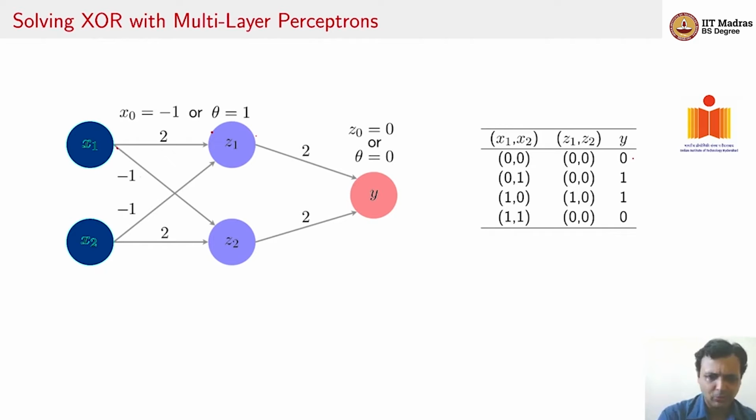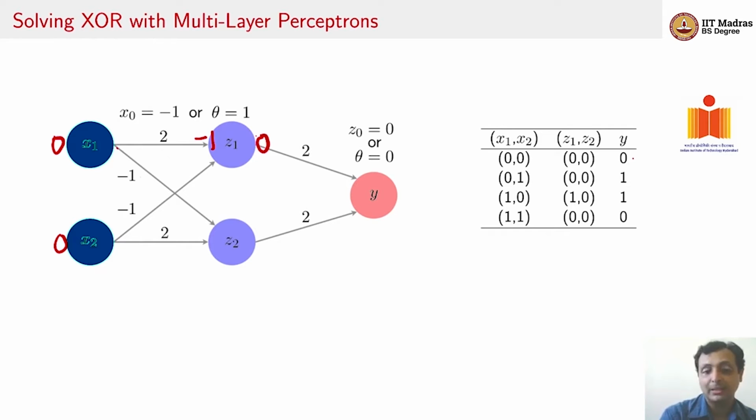Let's look at this example. You have the weights denoted on each of these connecting edges here, and you also have the bias given to be -1. With these values, let's take a couple of cases from the truth table and work out that this indeed gives a solution. If you have 0,0 as input, you're going to get 0 into 2 plus 0 into -1 plus -1, so Z1 would get an input of -1. Since it's a perceptron and its input is negative, it would give an output of 0.